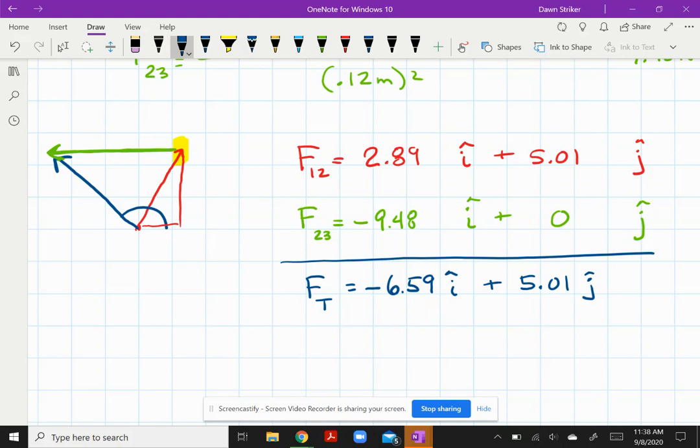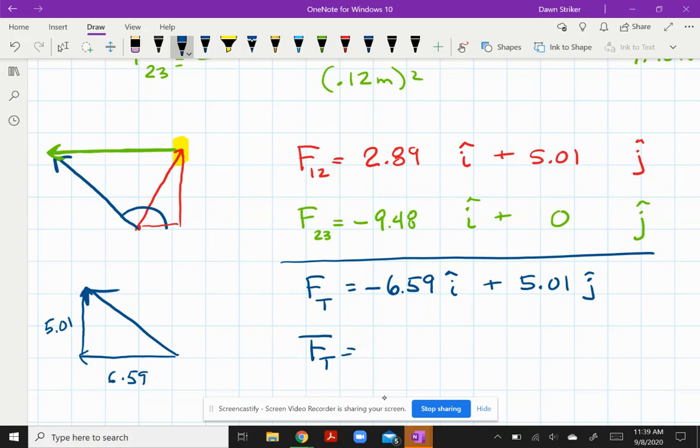All right, so my total vector goes back 6.59 in the x direction and up, not quite as much, 5.01 in the y direction, and I want this total vector. So now I use the Pythagorean theorem. Square root of 6.59 squared plus 5.01 squared, 8.27.